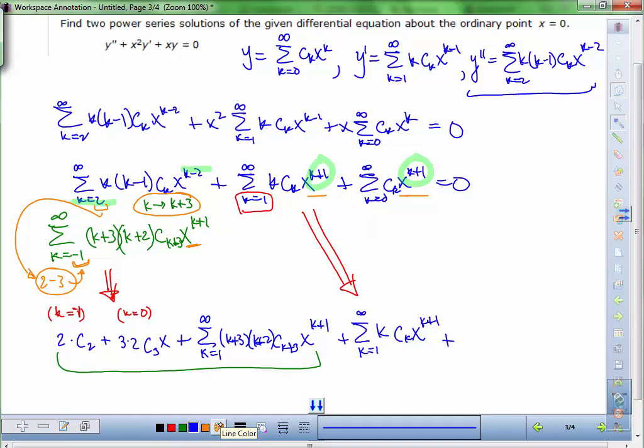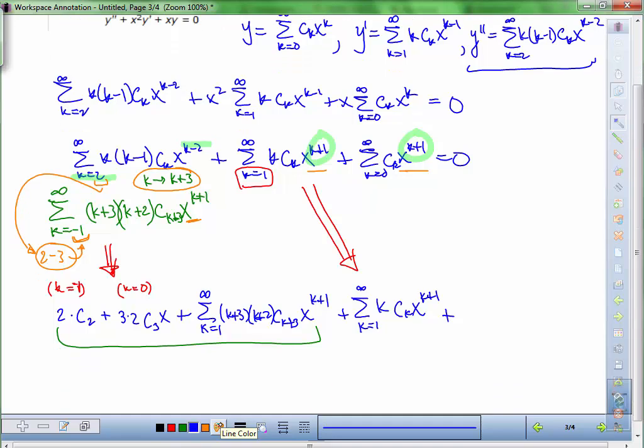Now the third one, I'm going to take care of the k equal to 0 term, and then write the rest starting from k equal to 1. So the rest of the series here will start when k is equal to 1 to infinity, ck x to the k plus 1.